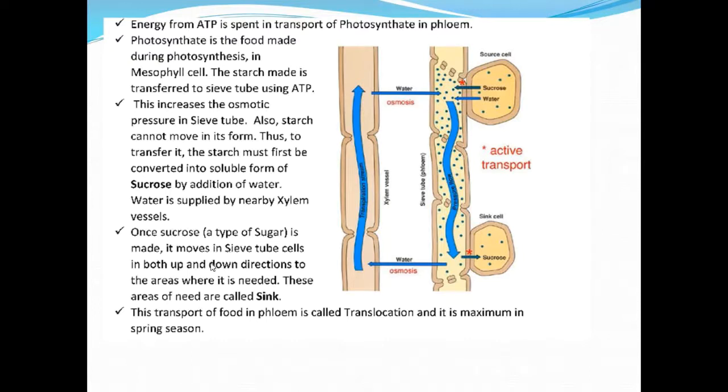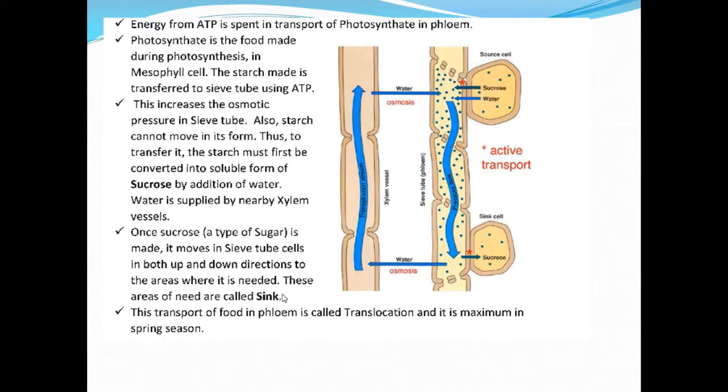So once the sucrose is made, it moves in the sieve tube cells both in the upward and in the downward direction. As you can see over here, the food movement, that is the movement of the sucrose, happens in both directions, upward and downward. And it goes to all the areas where it is needed.